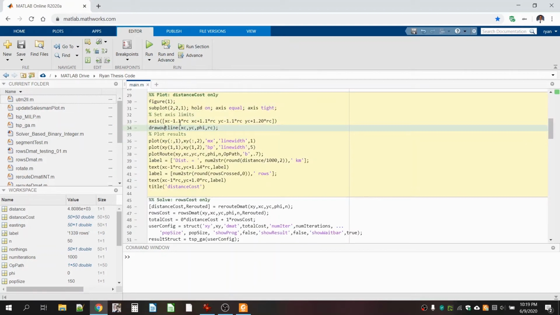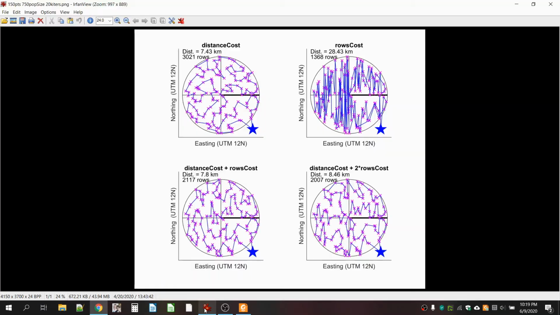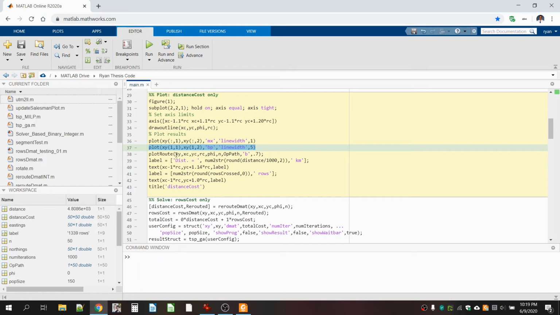That's all draw outline is doing. This is actually plotting the points, the potato plants. This is plotting the starting location of the robot, so this blue star. And this is plotting the optimal path with a blue line.